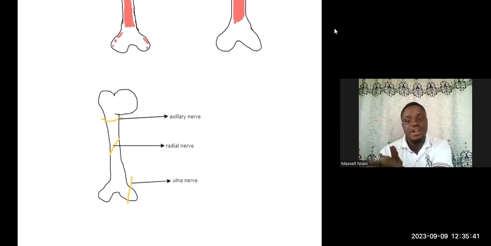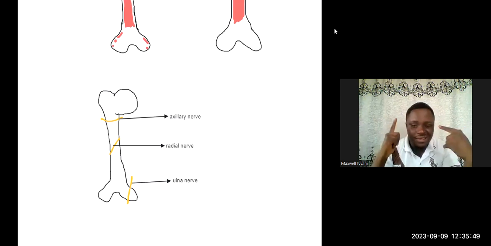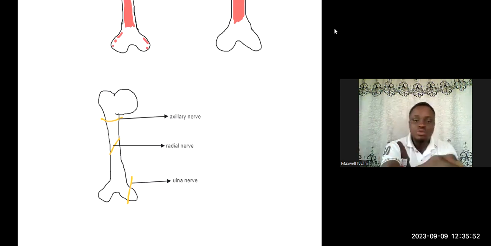You try to pinch or prick those areas to see if the person feels it, so that you have a mental picture: oh, okay, the nerve could be damaged. And the only way you can think about the axillary nerve is because you have studied the anatomy and you know that the nerve that relates to the surgical neck of the humerus is the axillary nerve. Okay, so that's the second clinical anatomy.